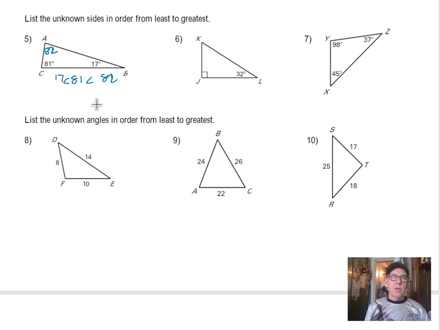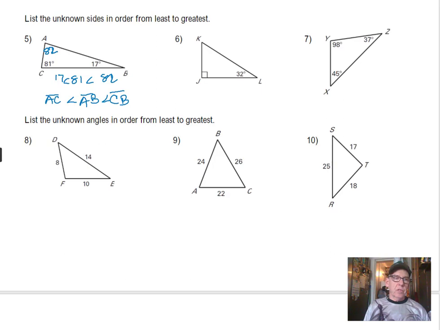So the sides opposite those are in the same ratio. So least to greatest, the side opposite the 17, which is AC, is smaller than the side opposite the 81 degree angle, which is AB, which is smaller than the remaining side, which is opposite the 82, which is CB.